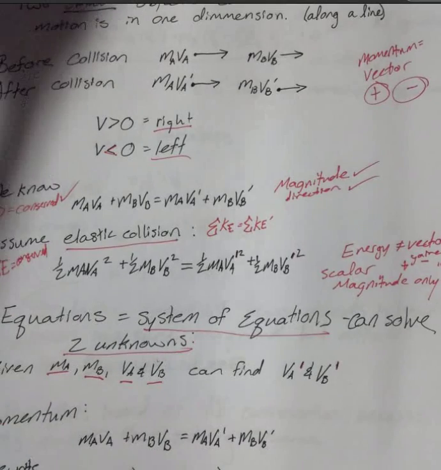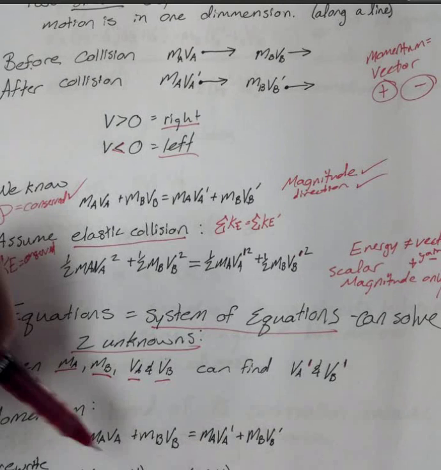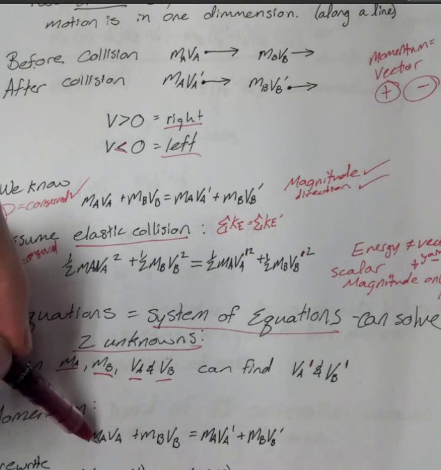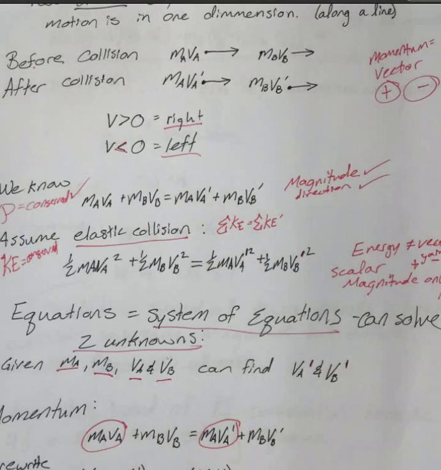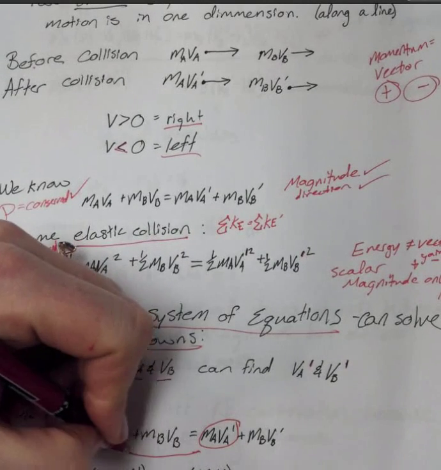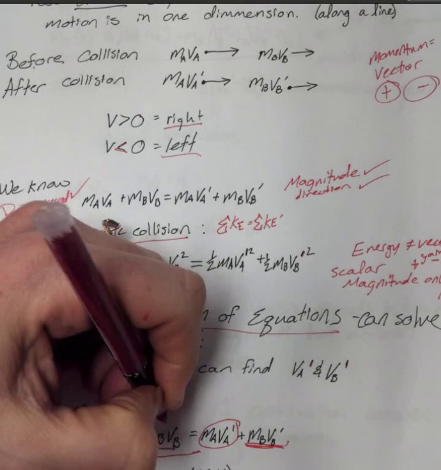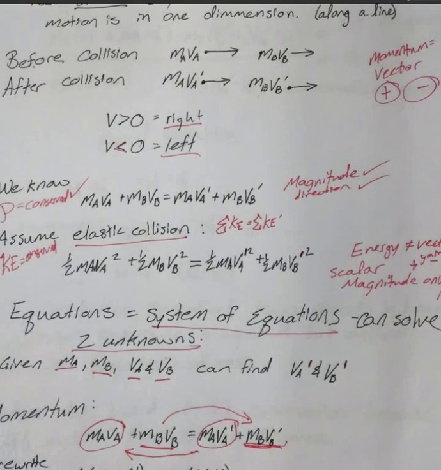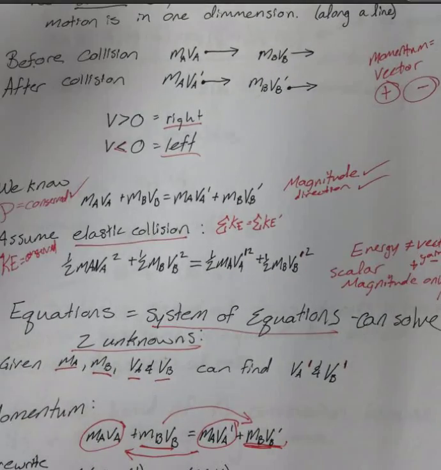So here we go. We're going to start with momentum, and we're going to rewrite it. So momentum, if I want to rewrite it so that all A values are on the right, so I want to move that over to the right, and all B values are on the left, I'm going to have to do some algebraic manipulation. But if I do that, then I can factor out the masses from the velocities.